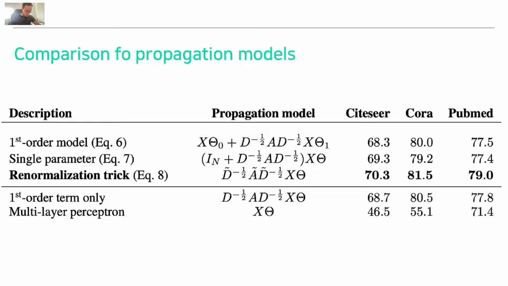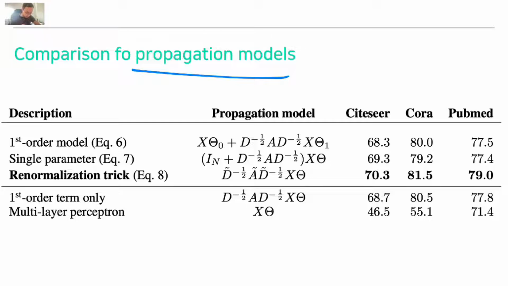Alright, so I told you the multiplication between the normalized adjacency and the feature matrix is the propagation. And this is the GCN paper's suggestion, right? Beta is the trainable parameter, so it was previously W. But we can consider other variants, right?